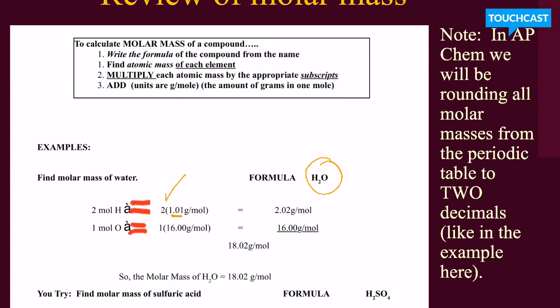And you see how I'm multiplying that value by 2 because there's 2 hydrogens in water. And you'll see here that I looked up the molar mass of oxygen. It's 16.00. And there's only 1 of them in the formula, so you see how I only multiplied it by 1. All right, so we have these 2 values, add them up, and you've got the molar mass of water.